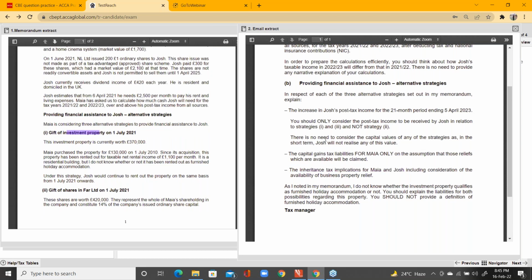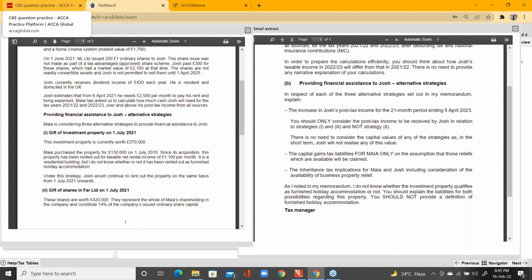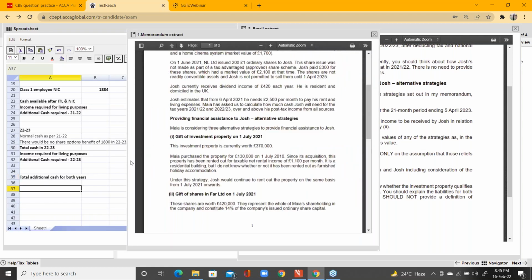Because as per the requirements, if you mark your headings properly, it's going to give you the full professional marks, because it's very important how you are actually representing your answer. Now it's time to respond to part B.